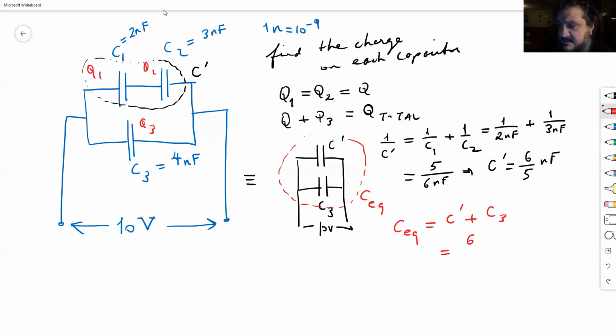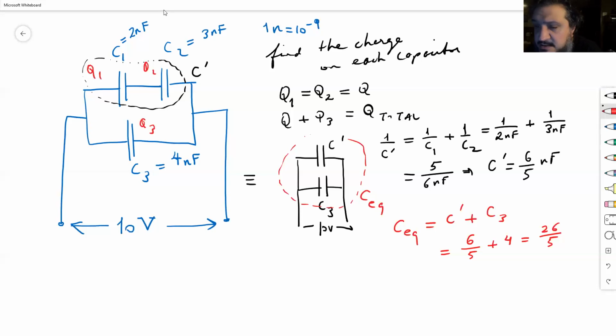So 6/5 plus 4. 26 over 5. 5 point something. All right. So that's the equivalent capacitance.